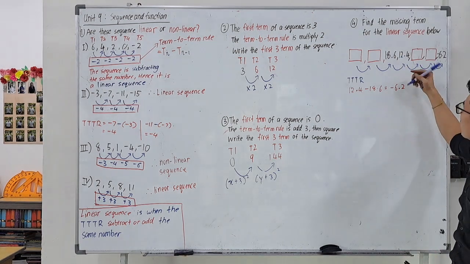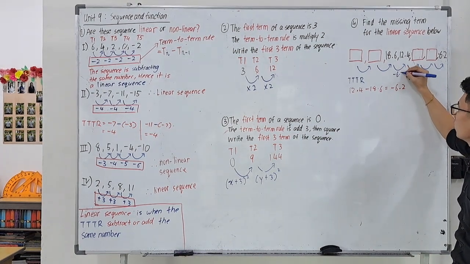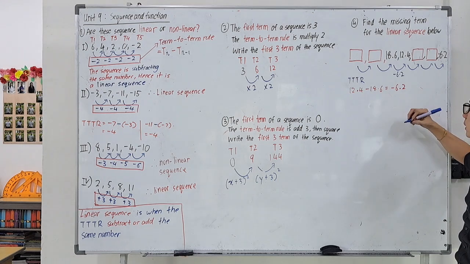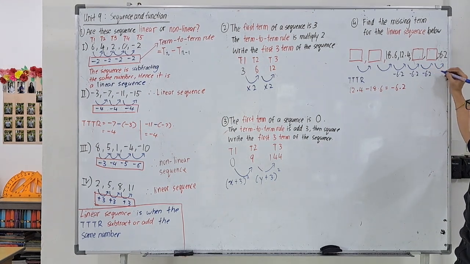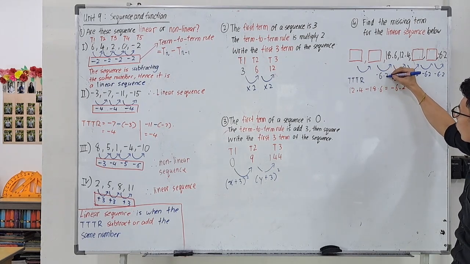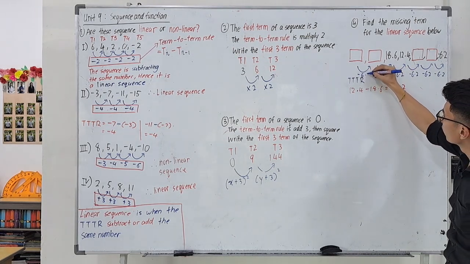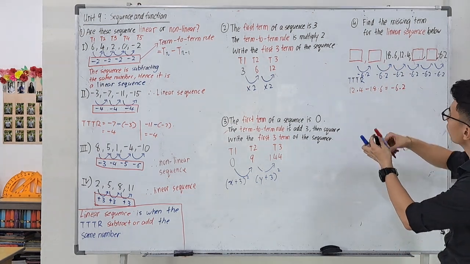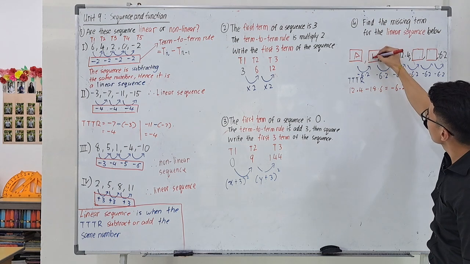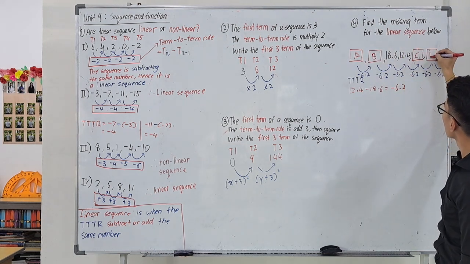So I know that from here to here is actually minus 6.2. And since it is a linear sequence, I know everything is actually subtract 6.2. Okay? So right now, these are all my unknowns. Let me call them A, B, C, and D.